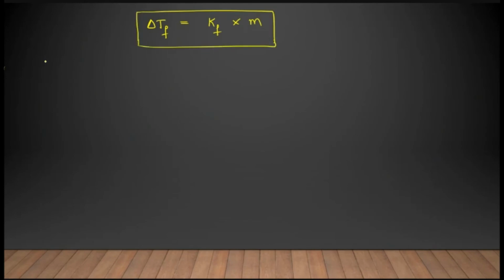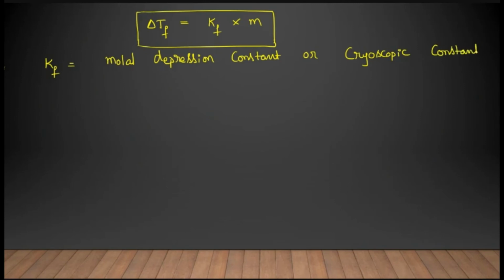Kf is nothing but a constant which is called the molar depression constant, or molar depression freezing point constant, or it is also called the cryoscopic constant. m is nothing but the molality.